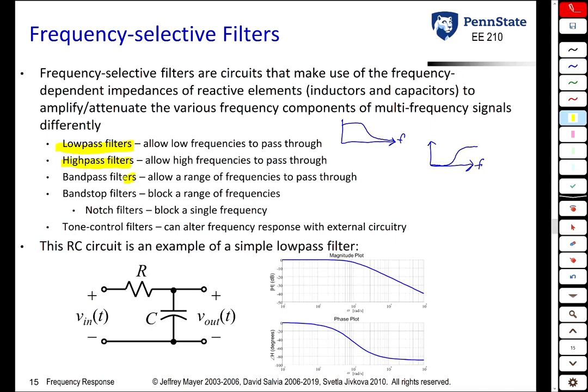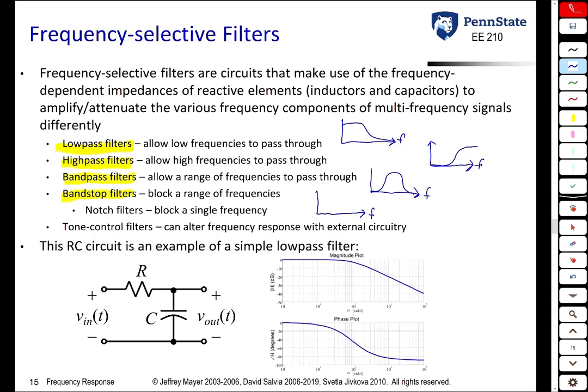A band-pass filter will allow a range of frequencies to pass through. So a band-pass filter is going to have a magnitude frequency response that looks something like that. A band-stop filter does the exact opposite. It blocks a range of frequencies from passing through.